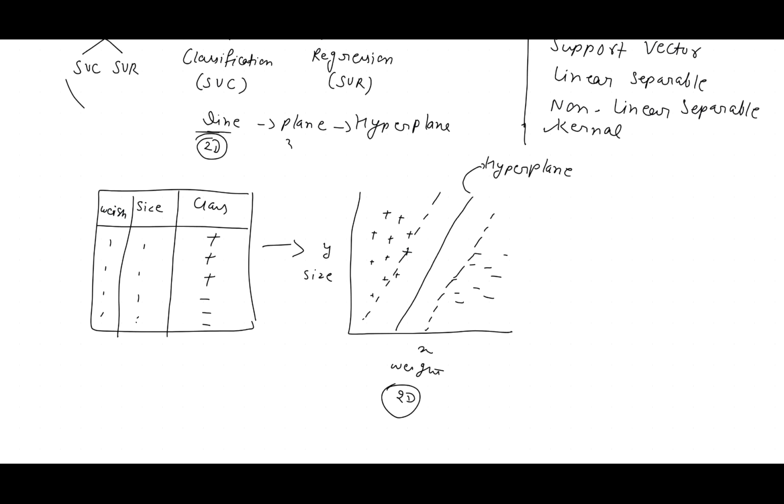But when your data is in a high dimension, maybe 4D, 5D and more, that is called a hyperplane. It looks something like this, so let me draw it here. You have x1, x2, x3, x4. When you separate the classes in this, you will draw like this.